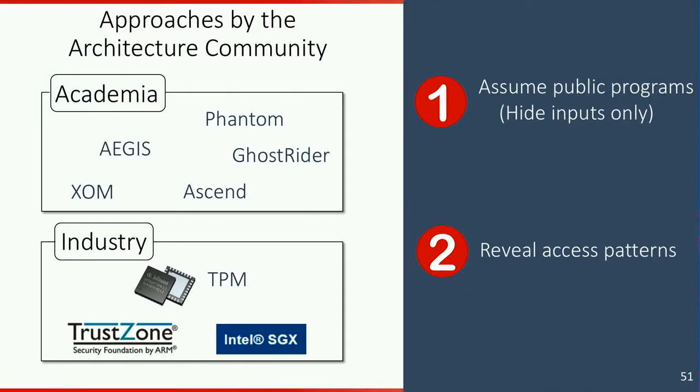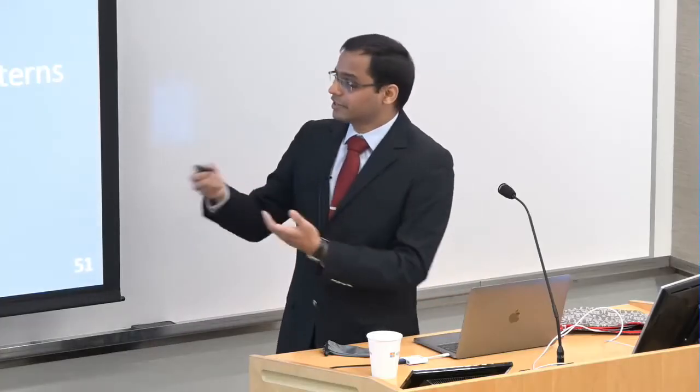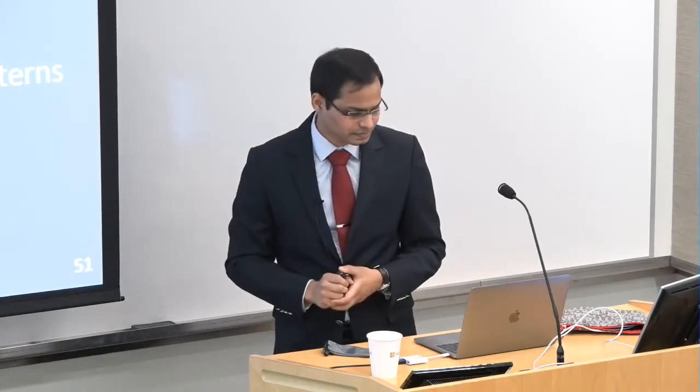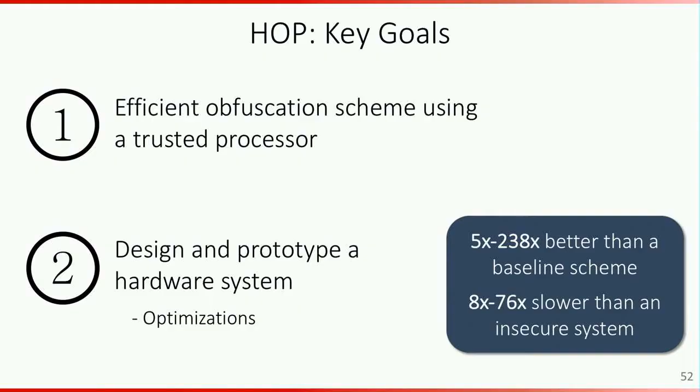There have been approaches in the architecture community, but most of these approaches are used to hide inputs and assume public programs, and many of these architectural solutions actually reveal access patterns. Our goal in HOP, which stands for Hardware Makes Obfuscation Practical, was to achieve an efficient obfuscation scheme using a trusted processor, and we prototyped a hardware system to do the same.